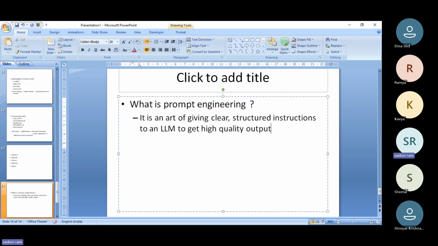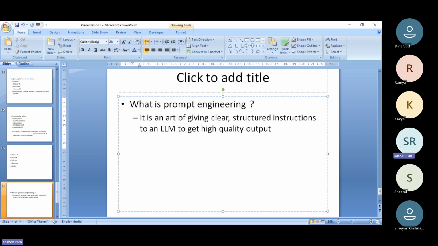To get a high quality output, we need to give structured, clear instructions to the LLM. It's like talking to an AI in a language it understands best. If you give garbage, it throws back garbage: garbage in, garbage out. Make sure that you ask the right question.